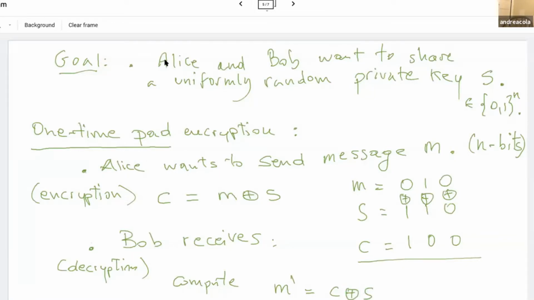Of course, Alice and Bob both have the secret key S. They are the only ones who have it.